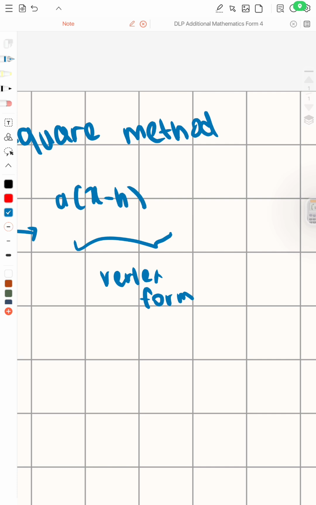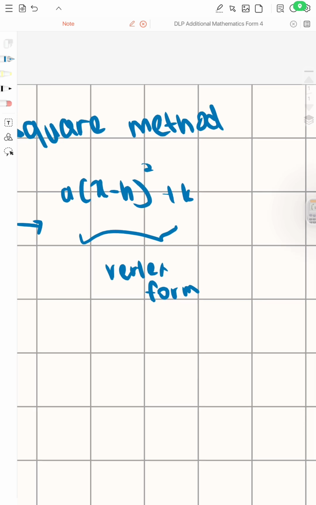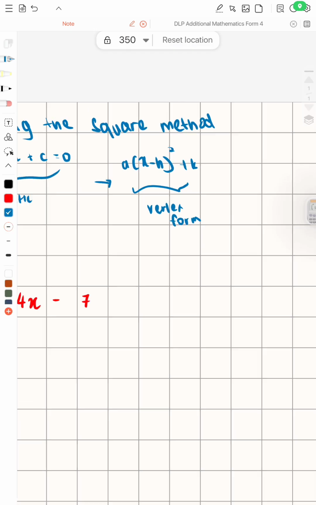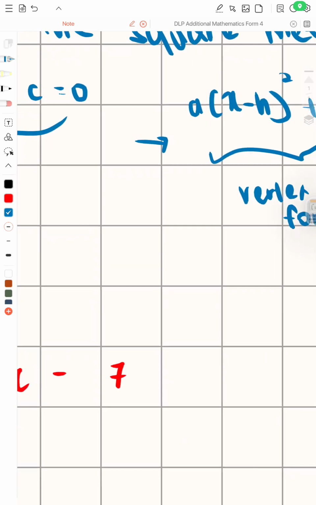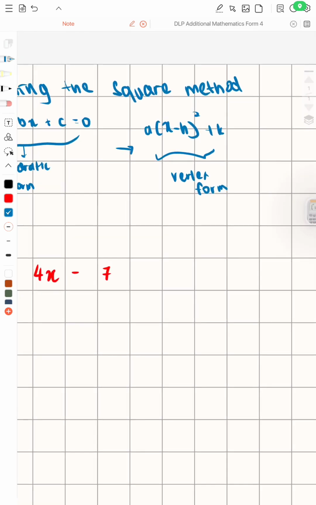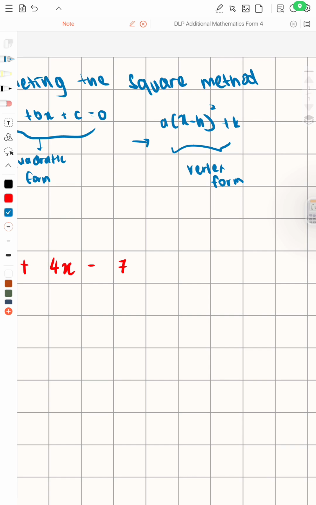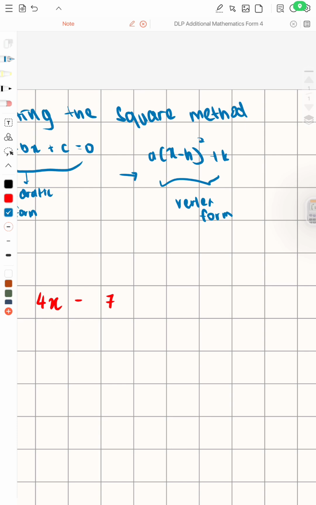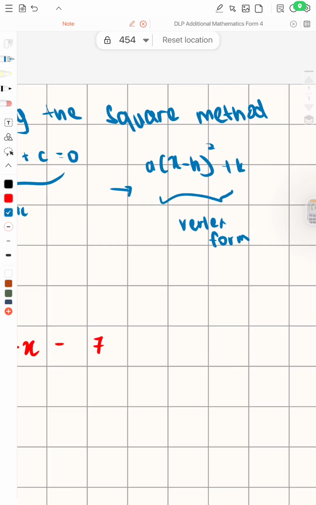In this vertex form, you will have three constants, which are a, h and k. The purpose of this vertex form is that you are able to find the value of x and y. This is one of the applications of the completing the square method.